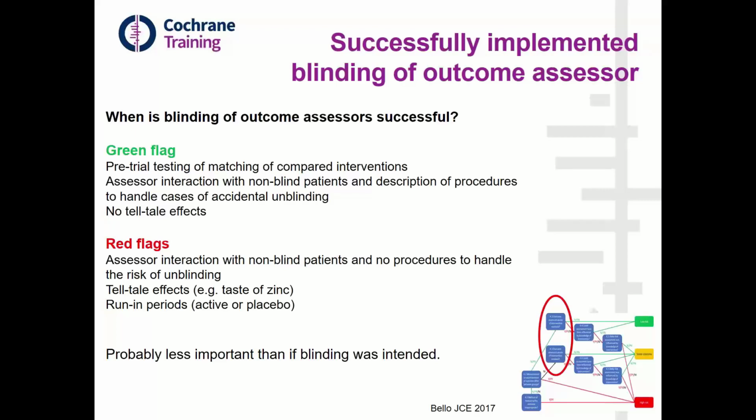Run-in periods where patients receive active or placebo treatment, and then in half of the cases when the trial really starts, shift to either active or placebo, will resemble in that context a crossover trial, so patients have direct comparison of active and placebo interventions, so even minute or smaller differences or mismatch between the two types of interventions will more easily be noticed.